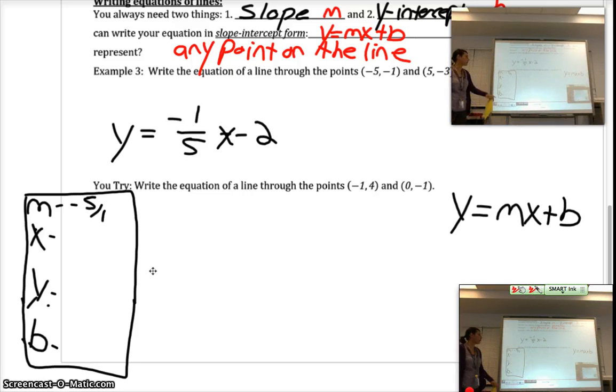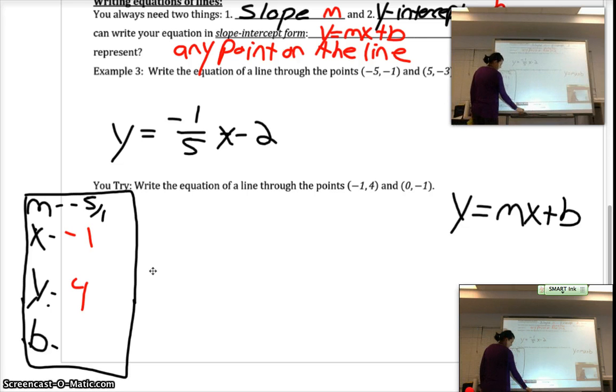Okay, now I need to choose one of these points to find B. So what point do you want to use? The first one? Okay. -1 and 4. And where am I going to use this now? To plug it in.